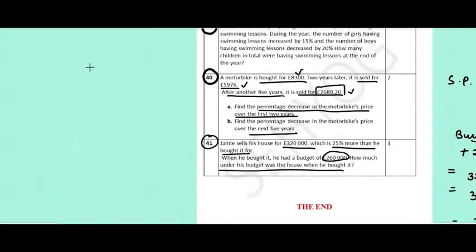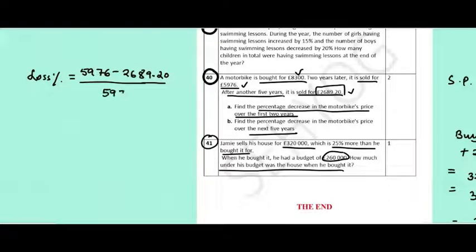So in this case, there is a loss again. So to find the loss percent, we will have to subtract 2,689.20 from 5,976, and this is the amount of loss divided by the original price.